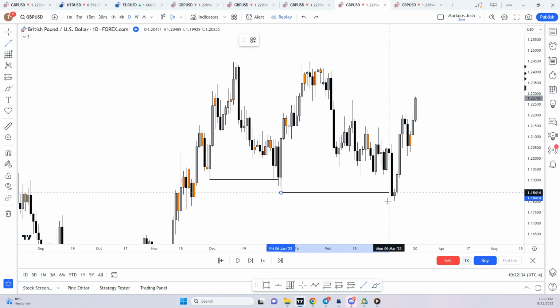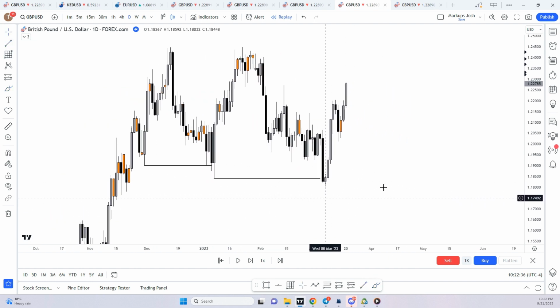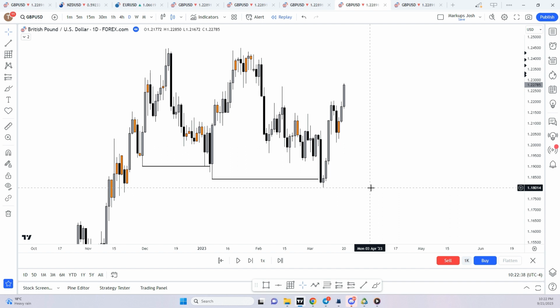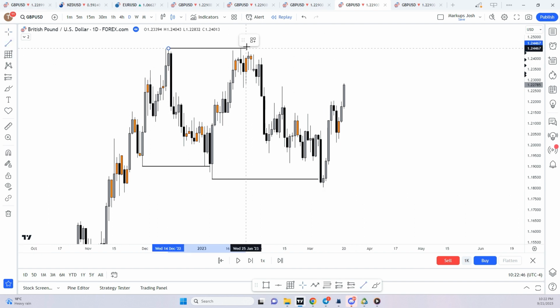And here we do get a candle body close below. But the reason we would deem this to be a run on sell side liquidity as opposed to a break in structure is because we failed to displace above this high.